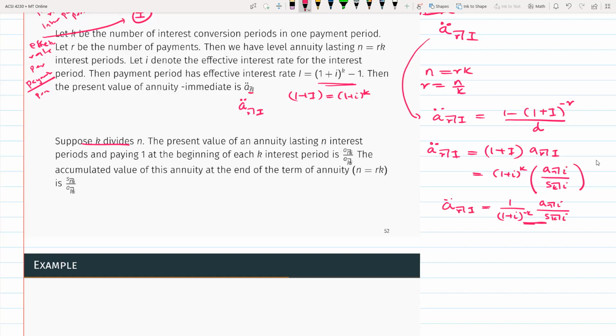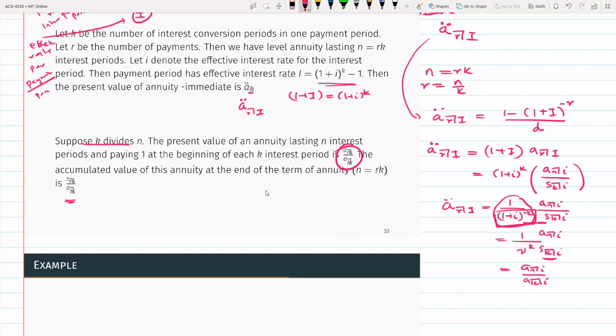So this is basically v to the k. And when you discount a future value, you get the present value. That's how you get this formula. You can multiply it by 1 plus i to the n to get the future value, and then you will get the next formula.